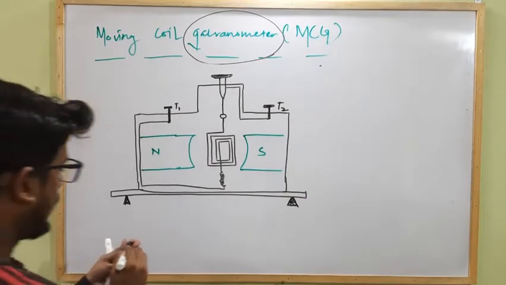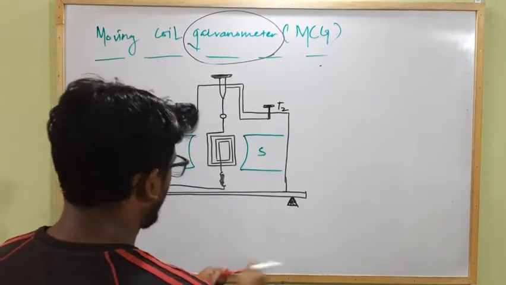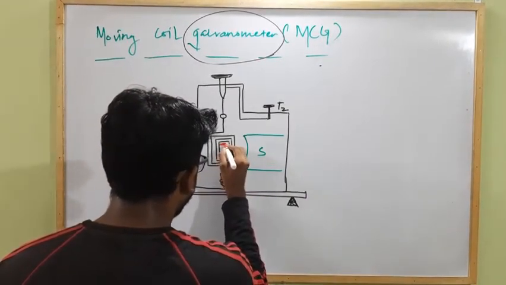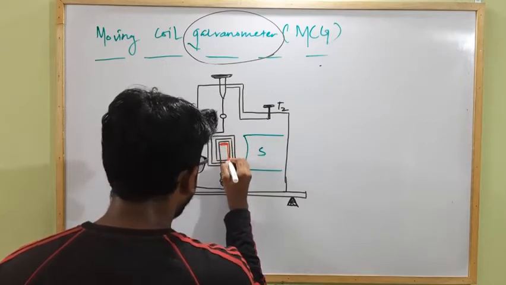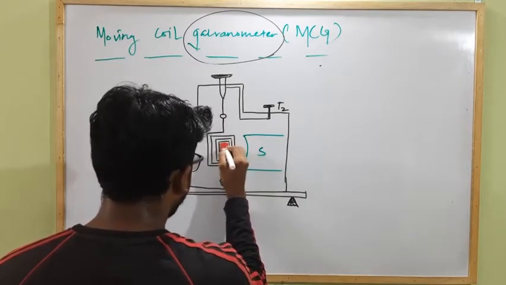Clear? Within this rectangular current carrying coil there is a soft iron core above which the coil is wrapped in a frame.